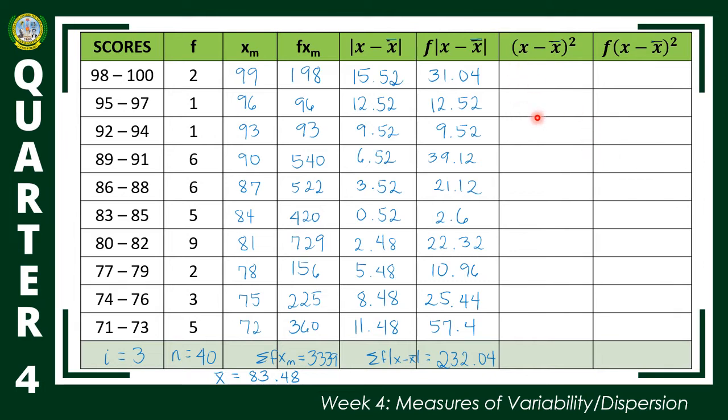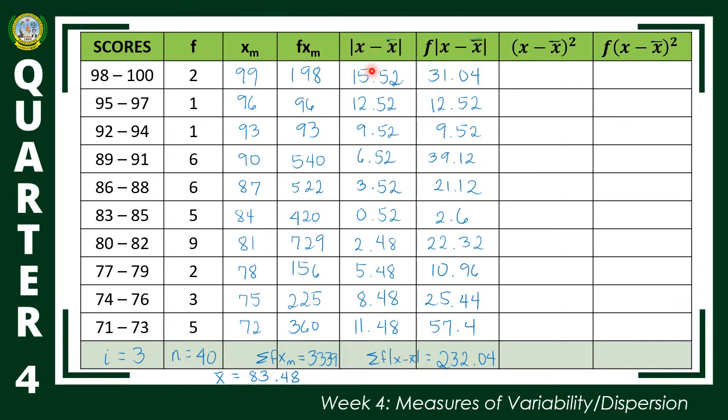First po is this column wherein you are going to square the difference of each score from the mean. Okay, since kanina, di ba, nakuha na natin yung distance ng bawat class mark from our mean, ang gagawin na lang natin is to square that value.